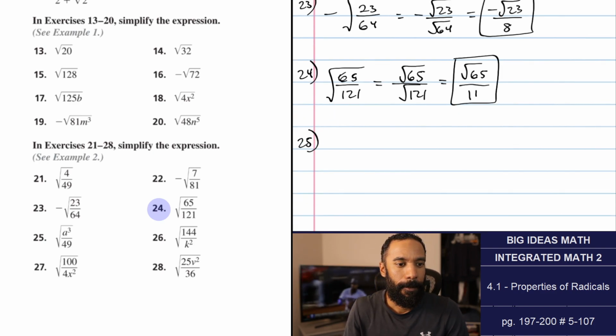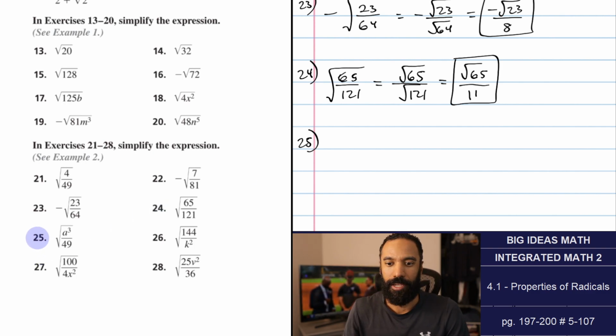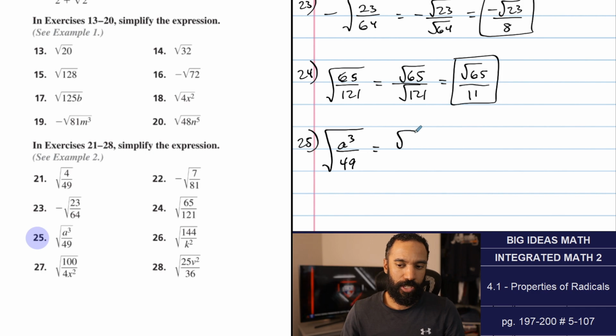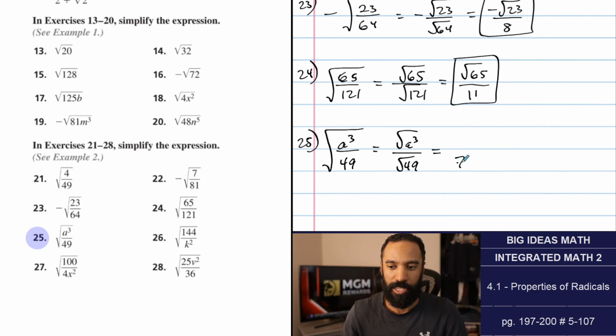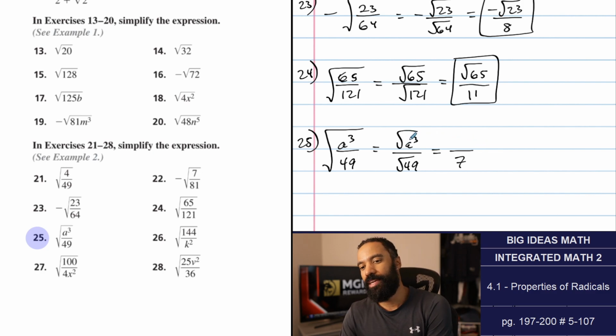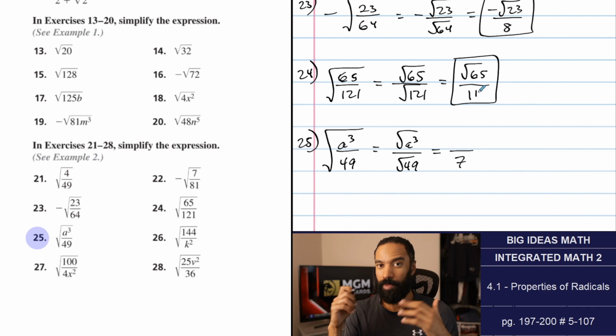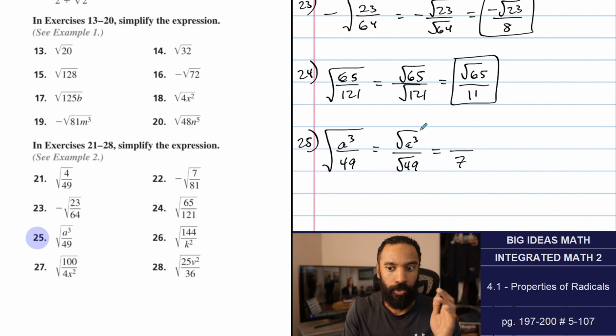25. Square root of a cubed, oh, now we're talking. Square root of a cubed over 49. Now, this is the square root of a cubed over the square root of 49. Square root of 49 is 7. Let's get that one taken care of first. Square root of a cubed, we can simplify. It has a perfect square factor of a squared. I'm going to start talking about it the other way that I generally do.